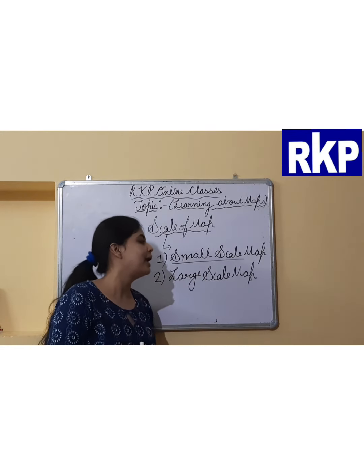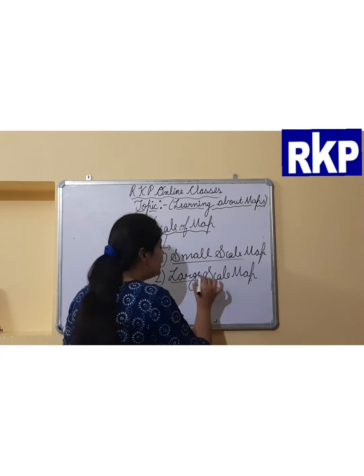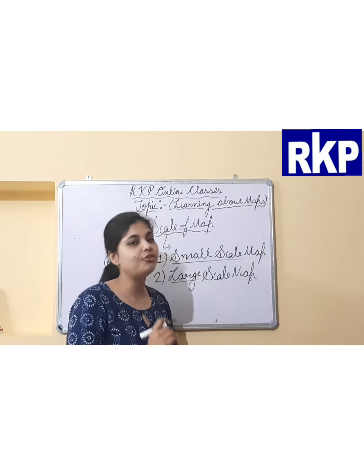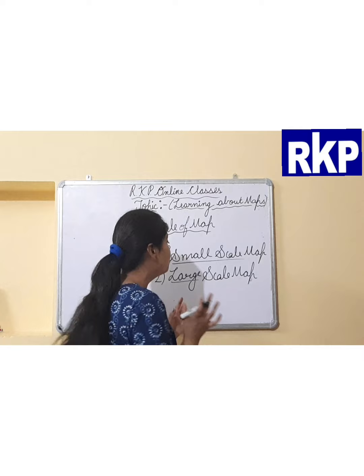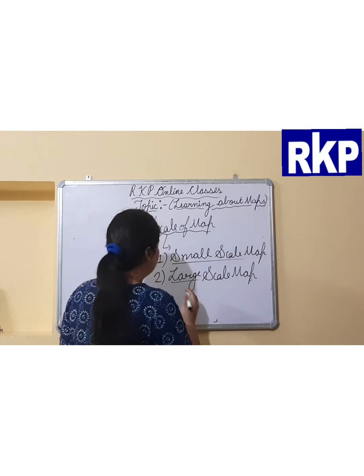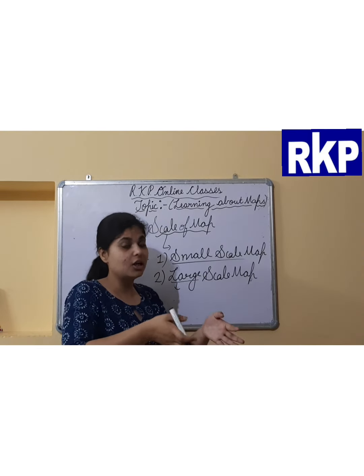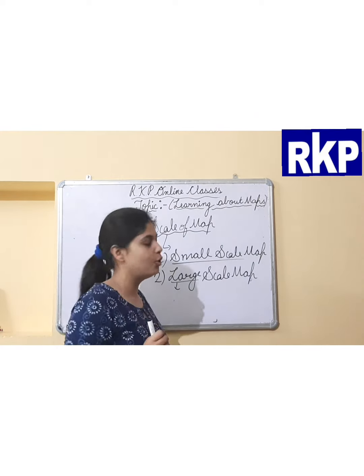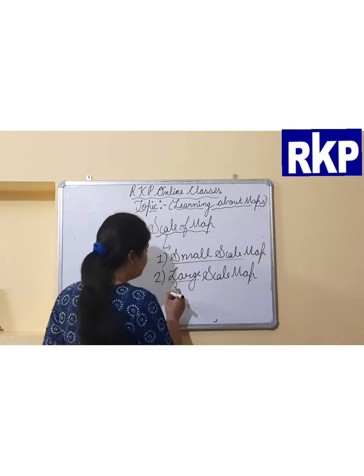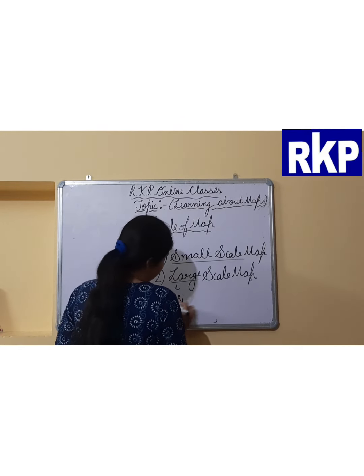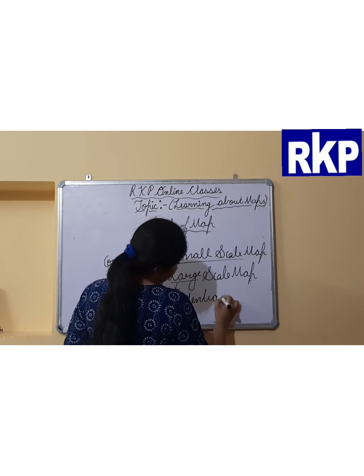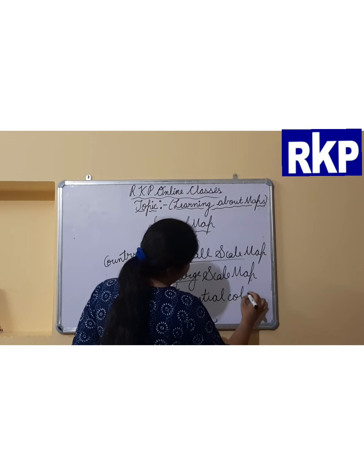But on the other hand, a large scale map shows more information about small things, like the colony in which you are living, your residential colony.